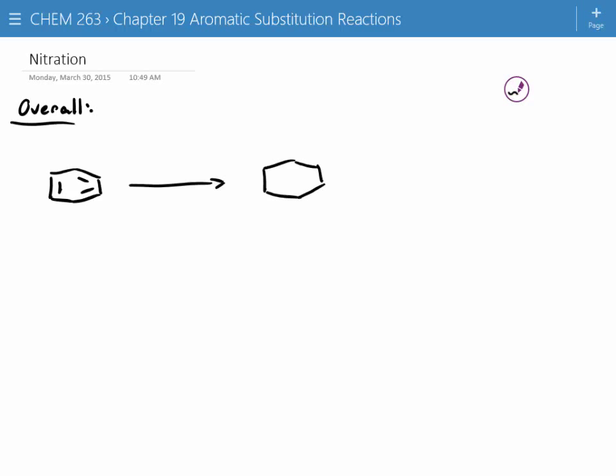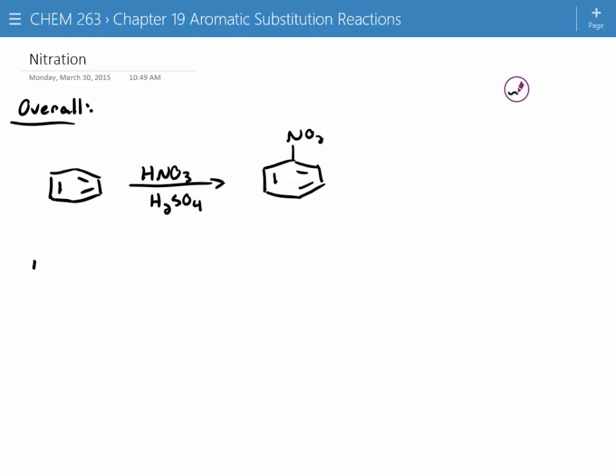Let's say we've got benzene and we want to install a nitro group. So we're making nitrobenzene. We can react this with nitric acid, which is HNO3, and sulfuric acid, and get a nitro group to install very, very easily.